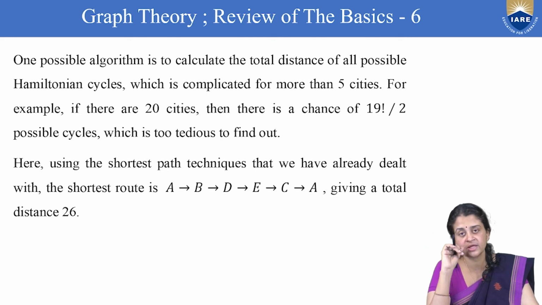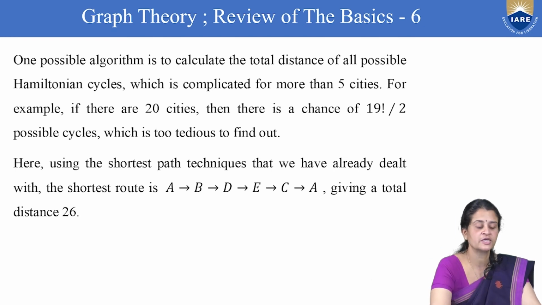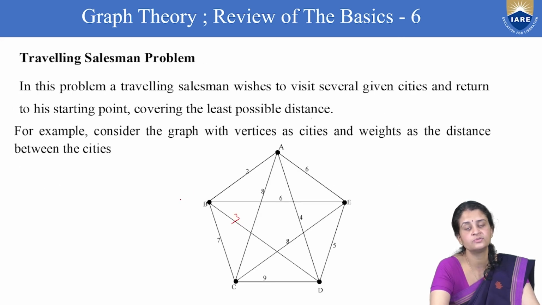From here, we can apply the shortest path technique that we have discussed in this review of basics 5. Using the shortest path techniques, we can find a path from A to B, which I think is distance 2. From B to D, 2 plus 3, 5.